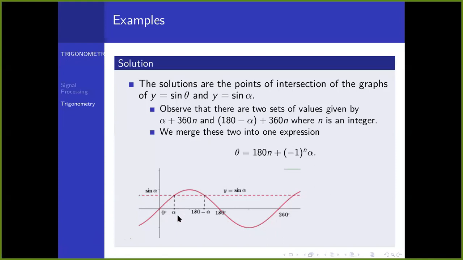The first two will be alpha and 180 minus alpha. But since this curve repeats itself every 360 degrees, we keep adding multiples of 360 to alpha. We can also add multiples of 360 to 180.